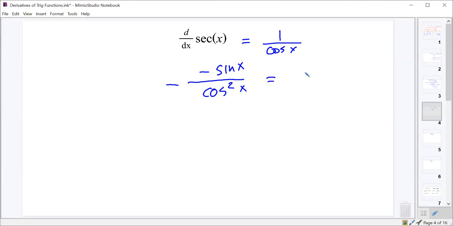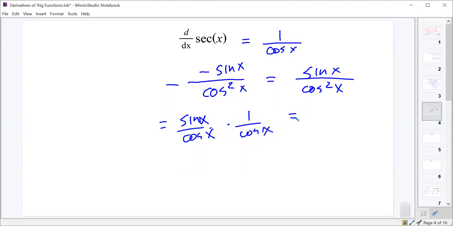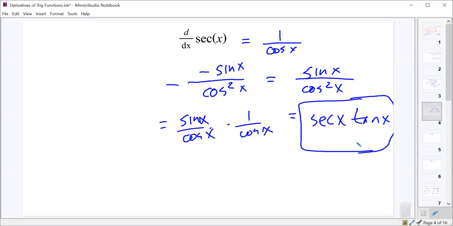Negatives cancel, and we've got sine x over cosine squared x. Normally, we rewrite this as sine x over cosine x times 1 over cosine x, which is tangent x times secant x. So the normal notation for the derivative of secant x is secant x tangent x. Good or no?